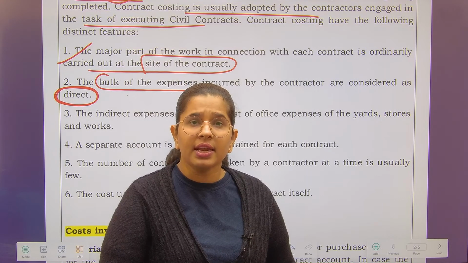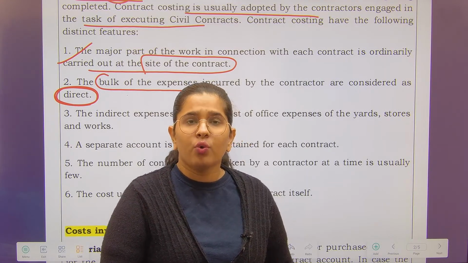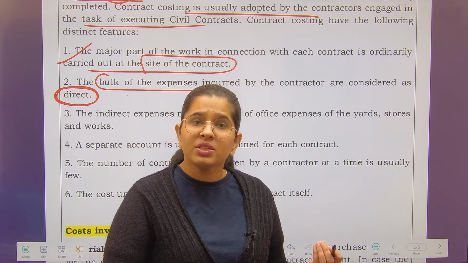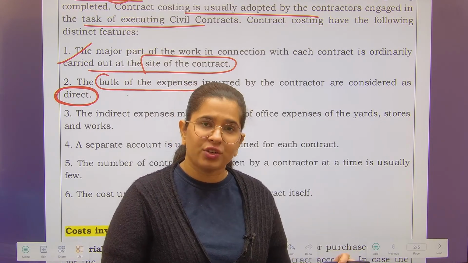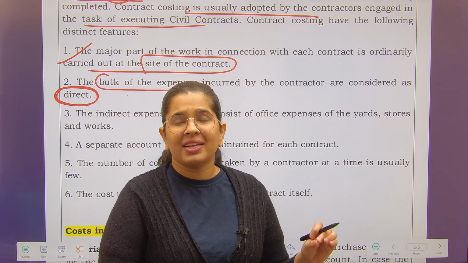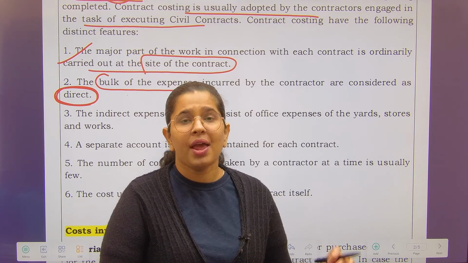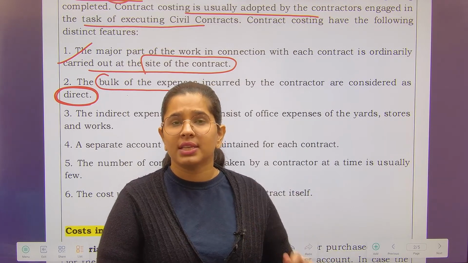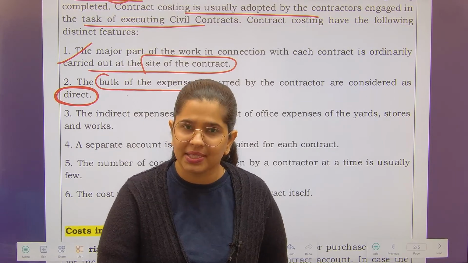That is particularly necessary. But suppose there is a manager who is visiting the site of the highway. Now the expense incurred on the stay of the manager is not a direct expense. It is not helping me in the production or in the construction, but yes, this expense is in relation to this highway project and hence I will treat it as an indirect expense.